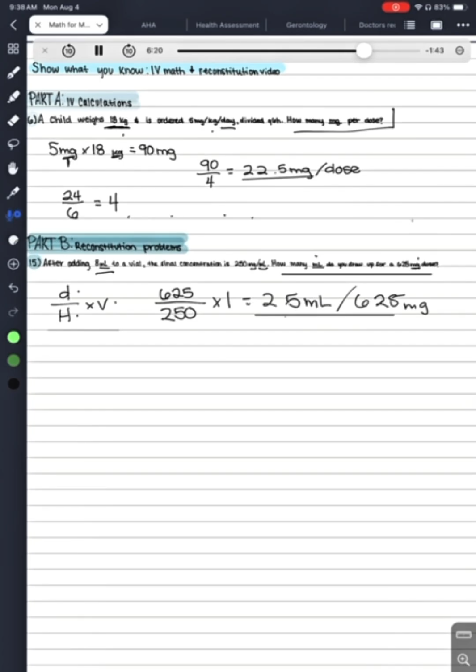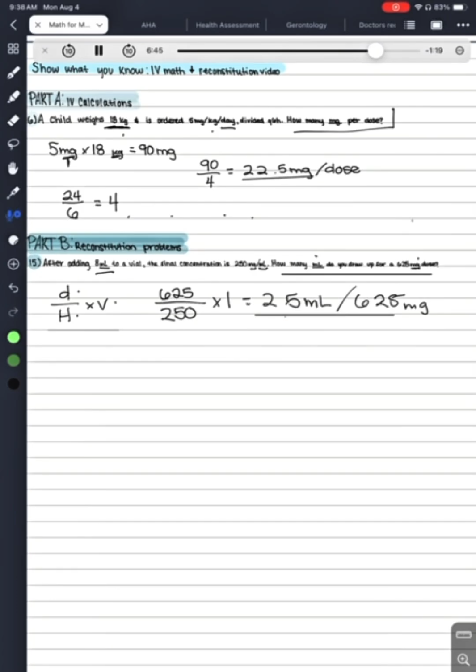And then finally, the reflection. So how I would double check my math is I would ensure that I was doing the proper math and using the proper equation.